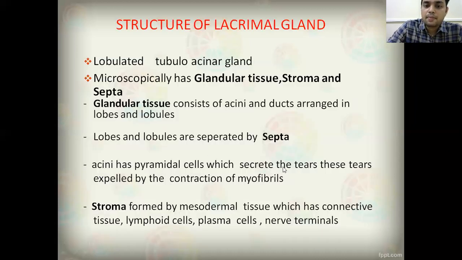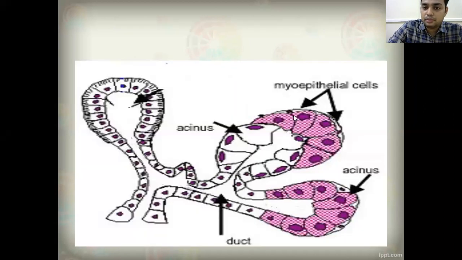From these acini the tears are secreted, and these tears are expelled with the help of specialized cells called myoepithelial cells. These myoepithelial cells contract, and they help in extracting the tears secreted from the acini into the conjunctival sac.